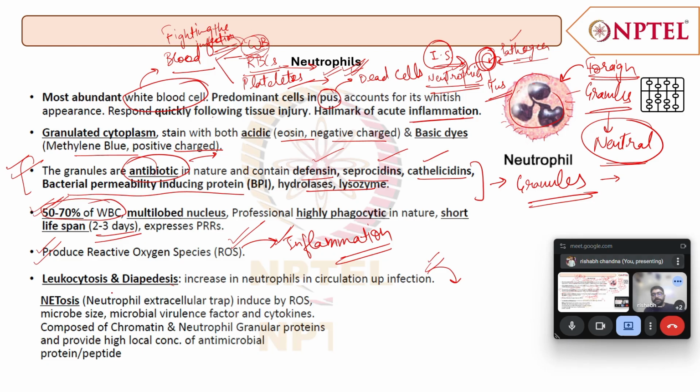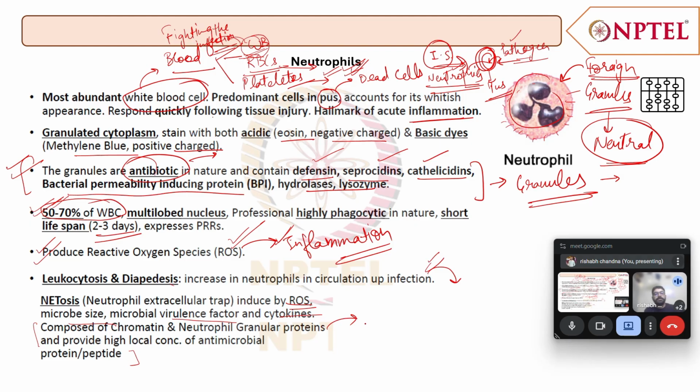Then we have the NETosis, that is neutrophil extracellular trap. This is induced by ROS, microbe size, microbial virulence factors, and the cytokines, and it is composed of chromatin and neutrophil granular proteins and provides a high local concentration of antimicrobial protein or peptides.